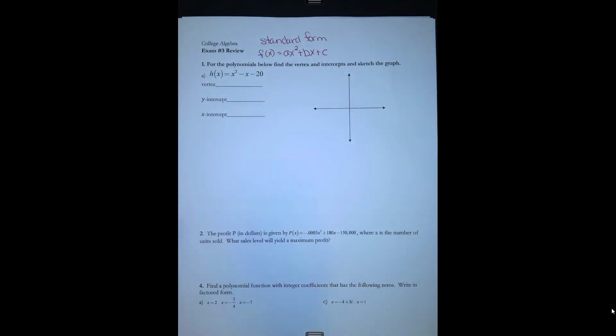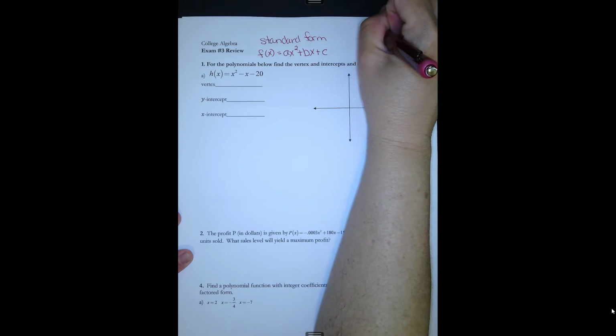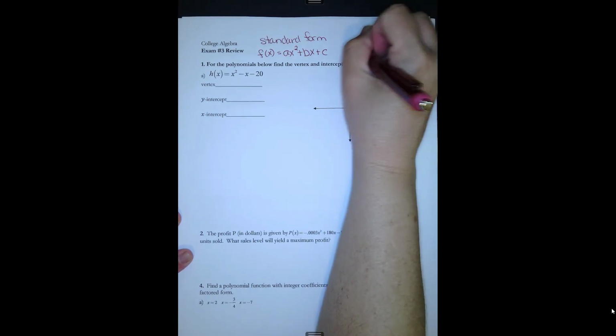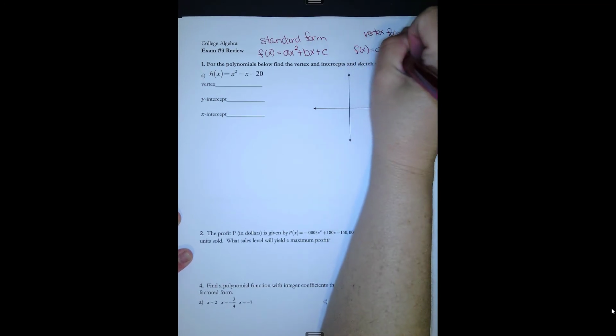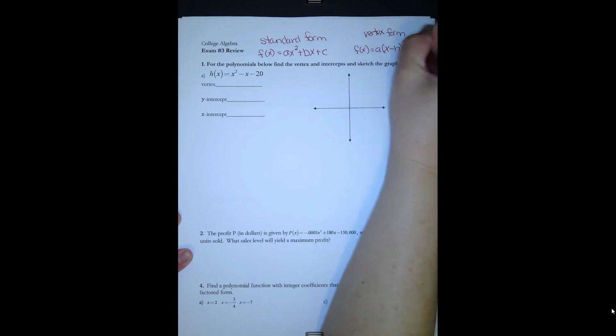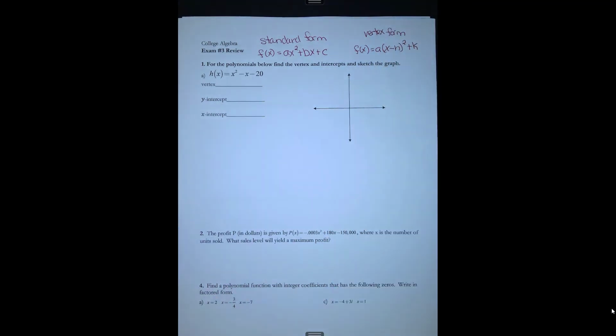Then we also had our vertex form, which was f of x equals a times x minus h quantity squared plus k. And that should look pretty familiar, at least that vertex form from Unit 2.